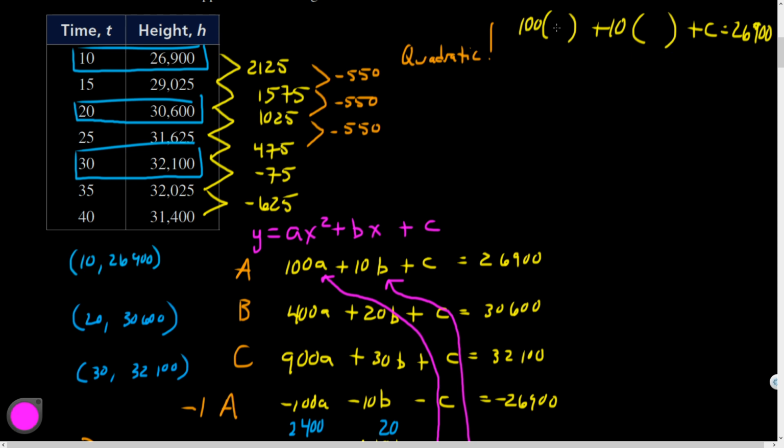And so a was negative 11. And b was 700. And so I get negative 1,100 plus 7,000 plus c equals 26,900.